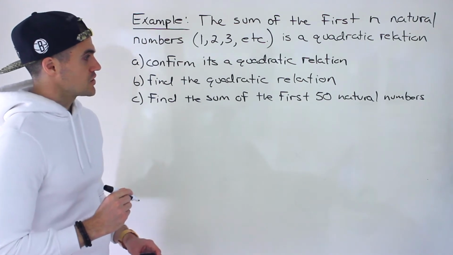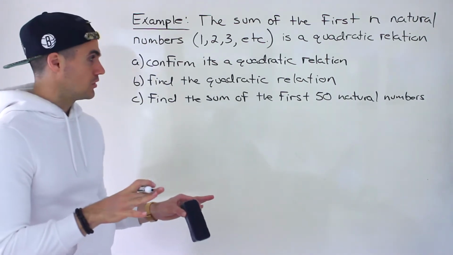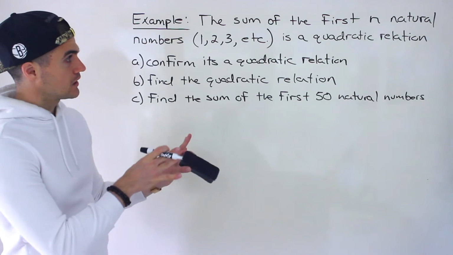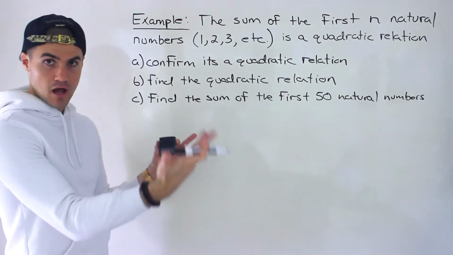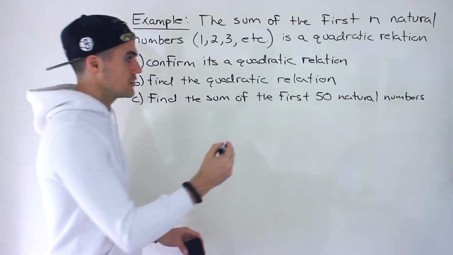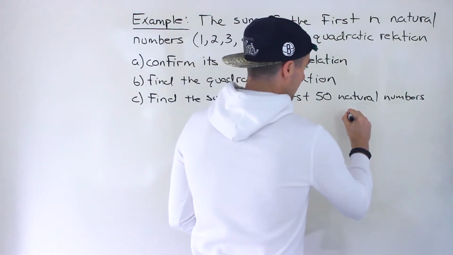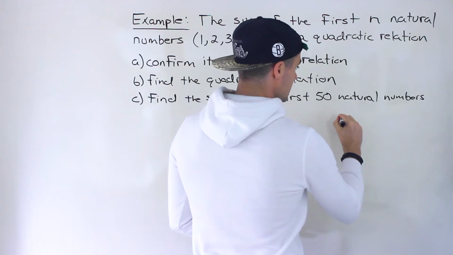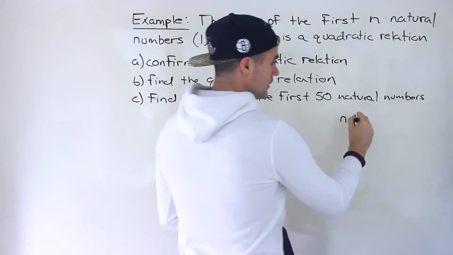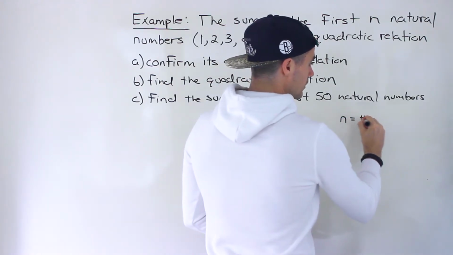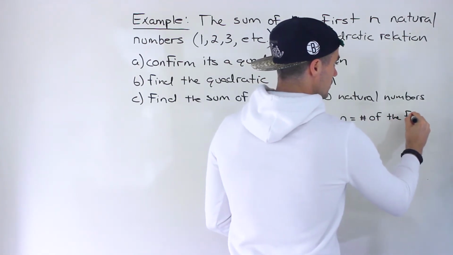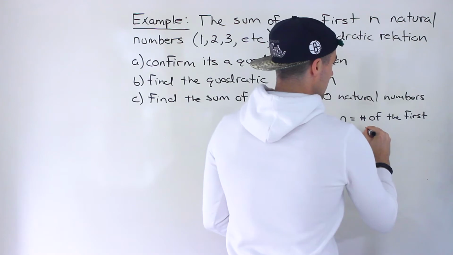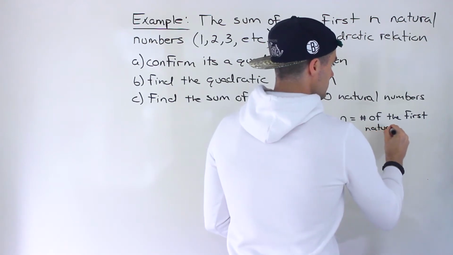So to start this question off, let's create a table of values comparing the first n natural numbers and the sum of them. I'm going to introduce two variables. We already have n listed here, so we're going to let n equal the number of the first natural numbers.